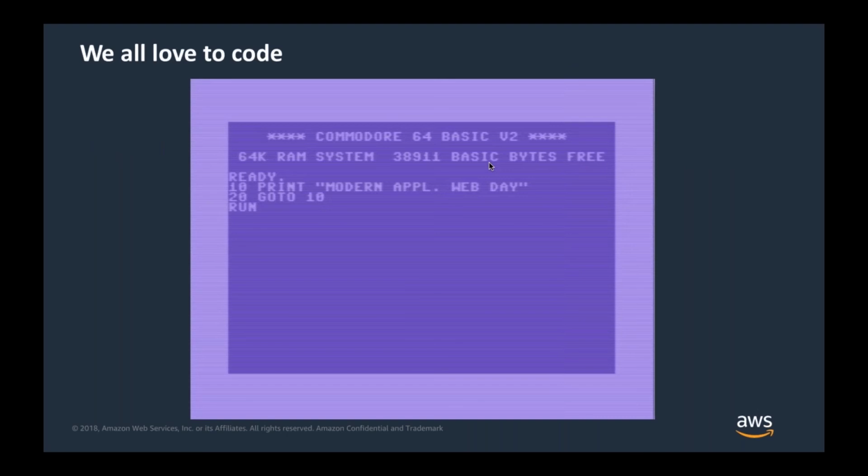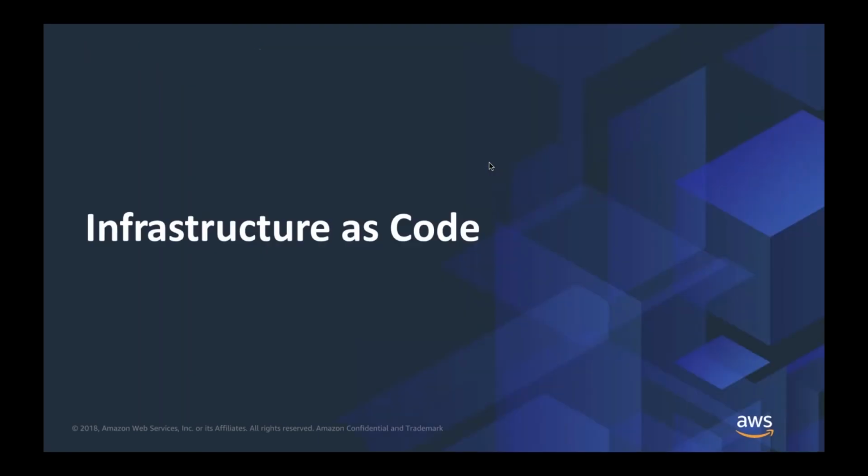That would be amazing, right? That would save us from a lot of unnecessary clicking, a lot of unnecessary SSHing, and potentially Bob making a mistake every time he tries to repeat what he did before. So let's separate this out. First of all, let's talk about infrastructure as code.